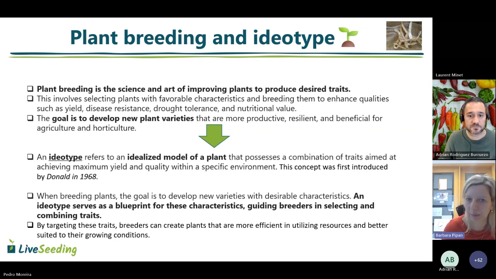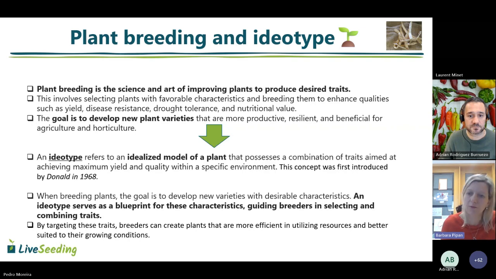This involves selecting plants with favorable characteristics and breeding them to enhance qualities such as yield, disease resistance, drought tolerance, and nutritional value. So the goal is to develop new plant varieties that are more productive, resilient, and beneficial for agriculture and horticulture.